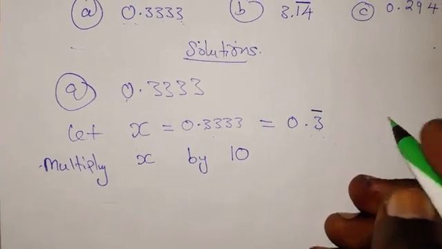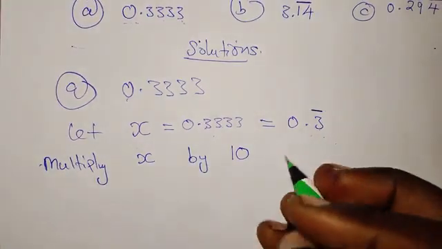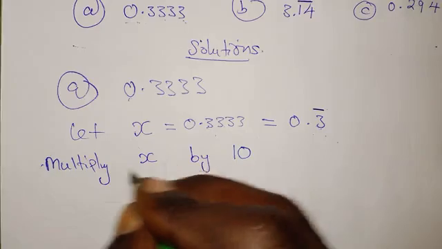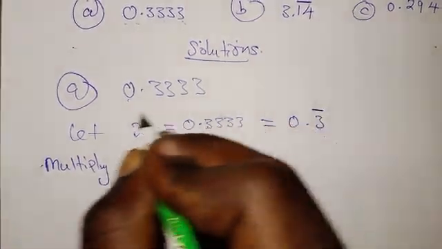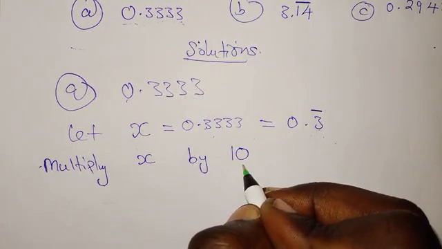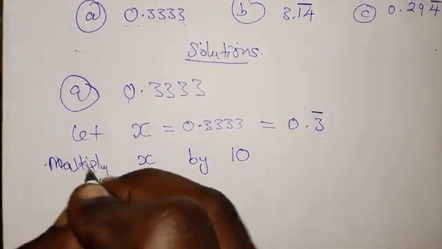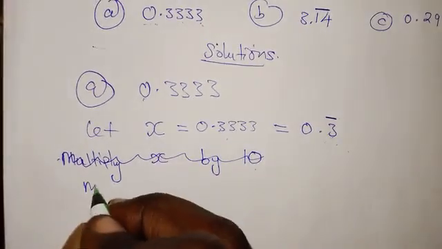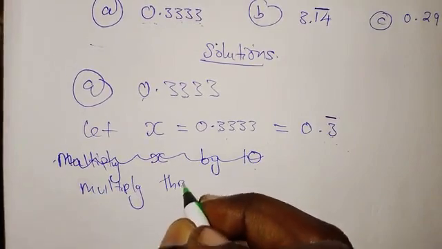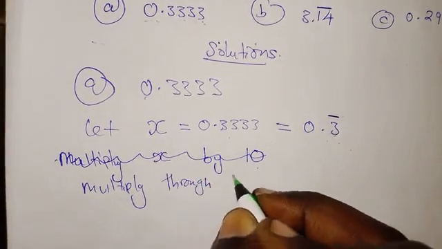In simple terms, we can simply say multiply throughout this expression by 10. Let me write it and say multiply throughout by 10.